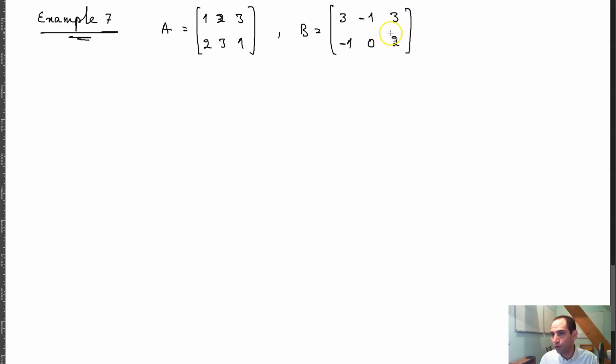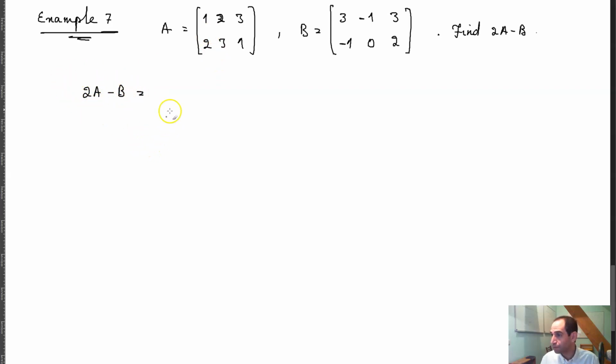Then find 2A minus B. Now, 2A minus B is equal to, first of all, you need to multiply the scalar 2 by A, and then add the negative of B to whatever you get over there.